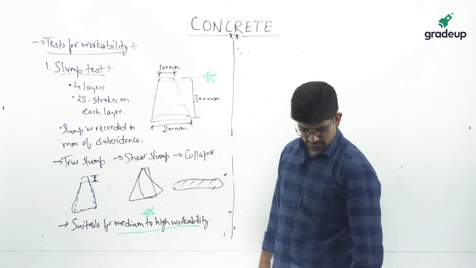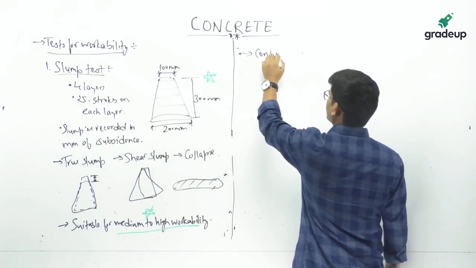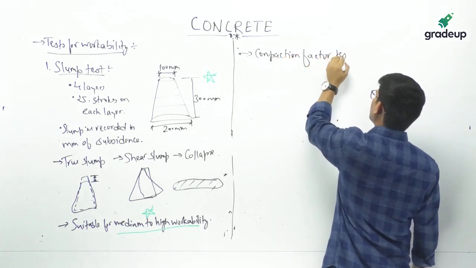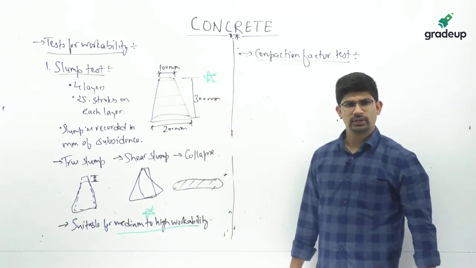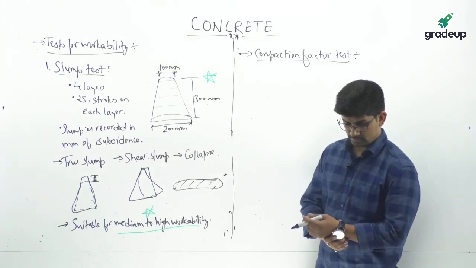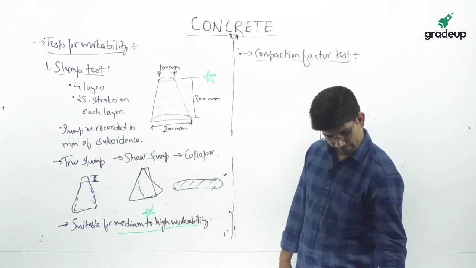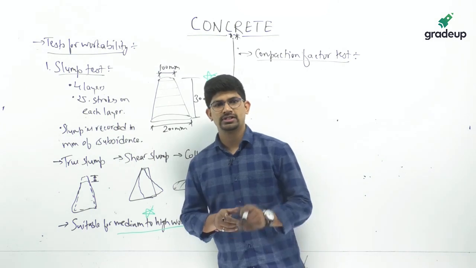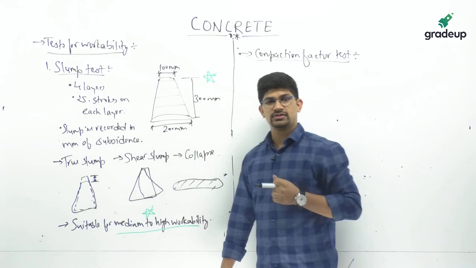Now, the second test is the compaction factor test. See, some comments I am getting for 3 layers. The 3 layers are for the compressive strength test.